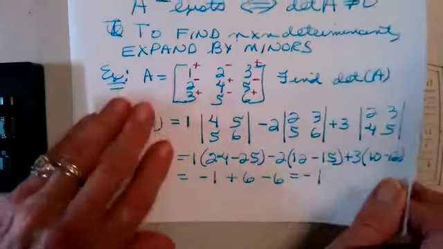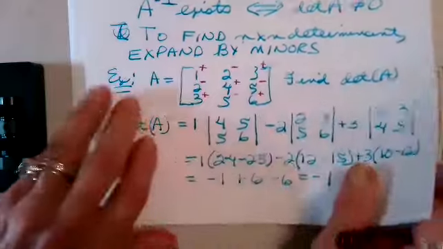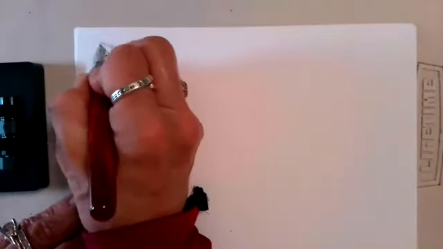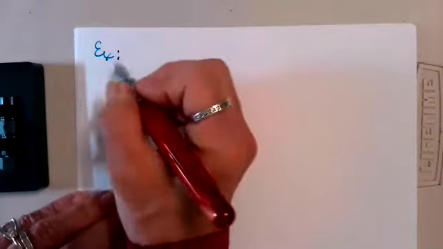Hopefully you don't run into many 4x4s, and we hopefully don't run into any 5x5s. Let me do one more determinant for you. By the way, since that determinant came out to be non-zero, that original matrix we started with has an inverse. I'm not telling you how to compute it yet, but it does have an inverse.